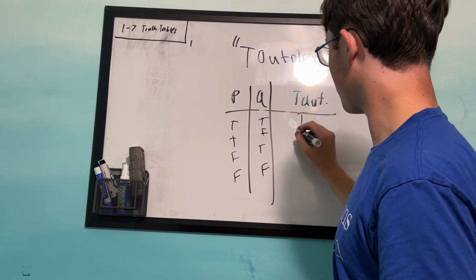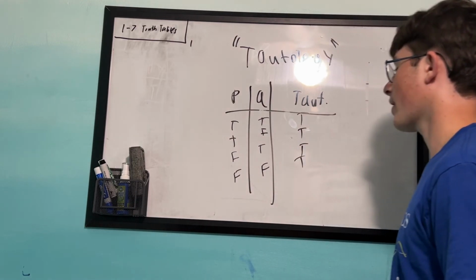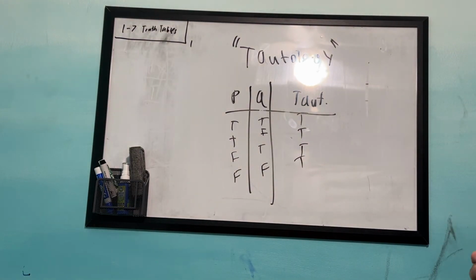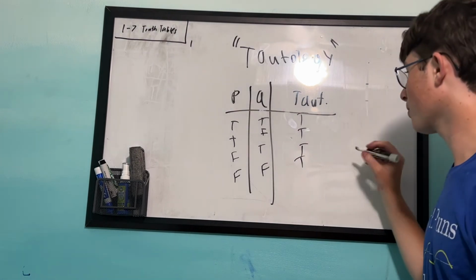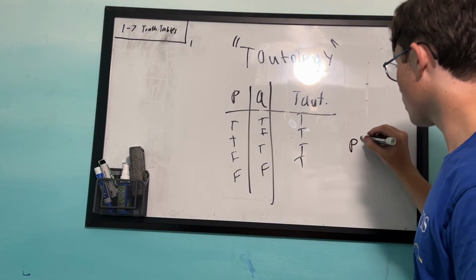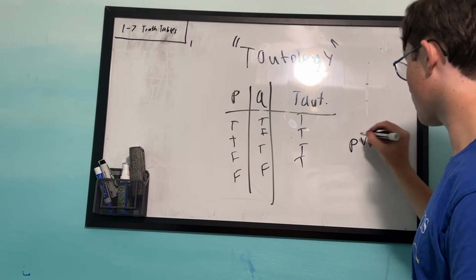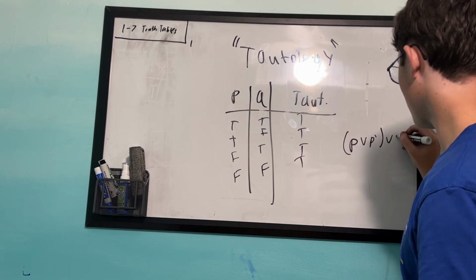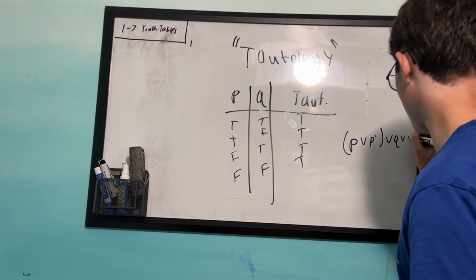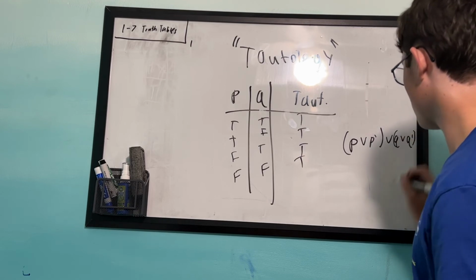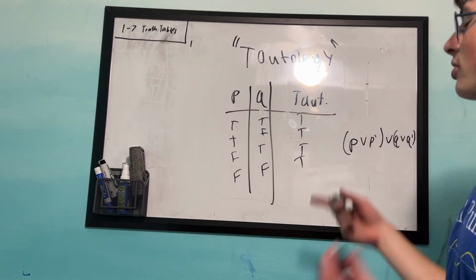That means it's always true no matter what. It's a statement that, just because of its nature, could be P or not P, or Q or not Q, which means that it's always going to hold up.